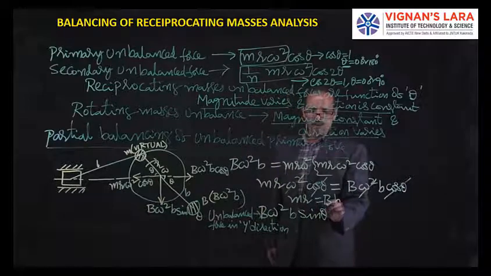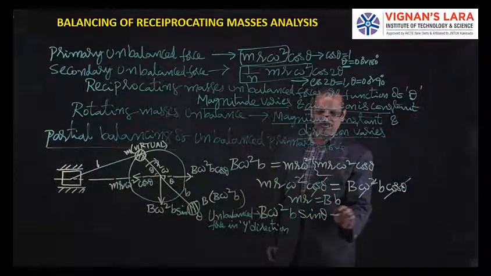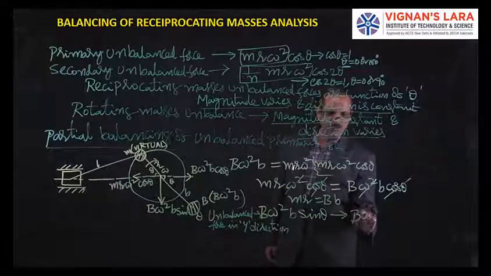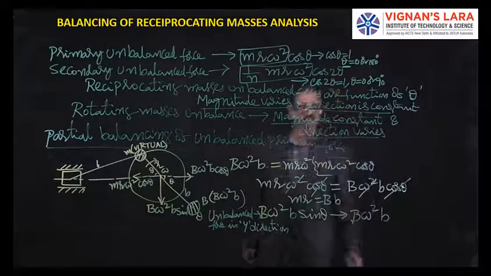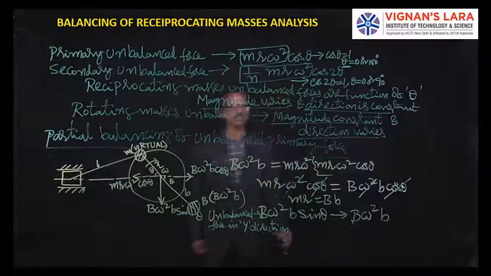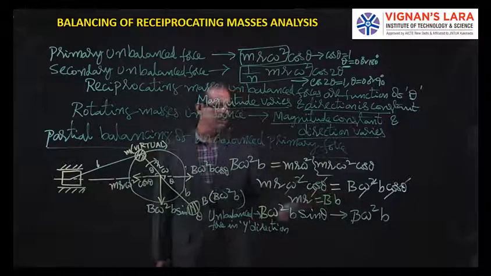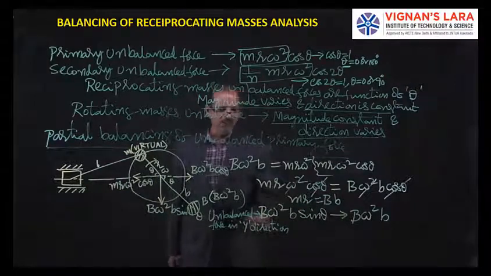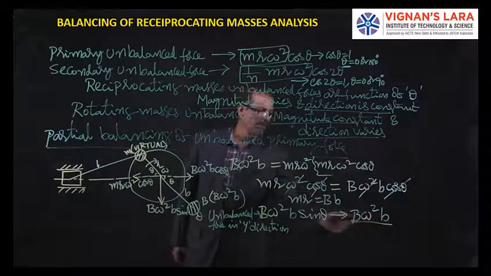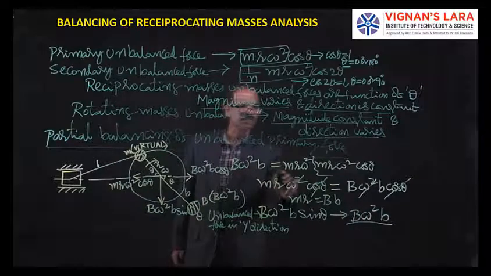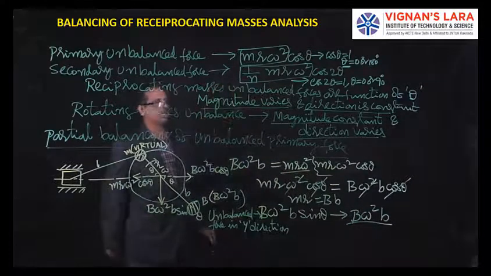We know sin theta maximum is 1, so the maximum value will be b omega square b. So if you try to balance in the horizontal direction, then in the vertical direction an unbalance takes place, once again the same amount, mr omega square.